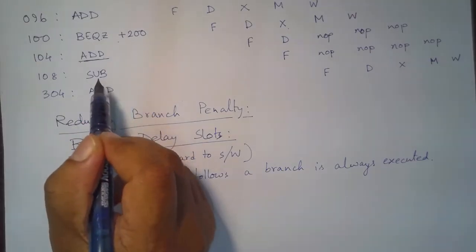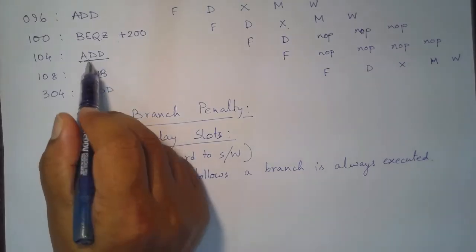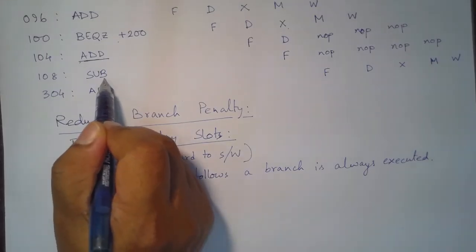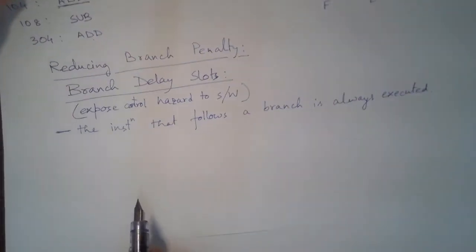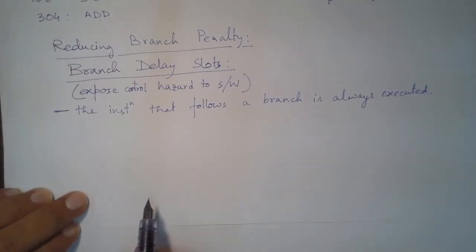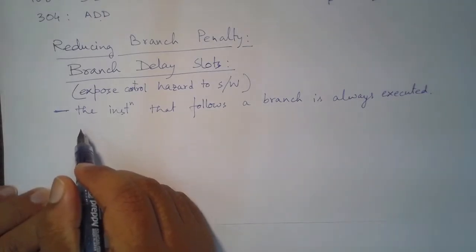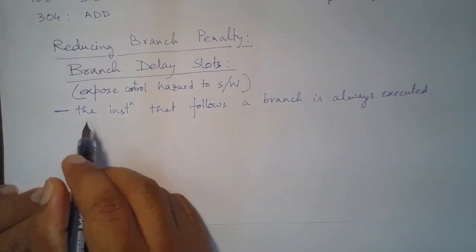And at the compiler level, if you do not find an independent instruction, then you have to insert a no op here. It is very important to understand that if you don't find a useful instruction, you have to replace it with a no op, and a no op is not going to help you in achieving any better performance.